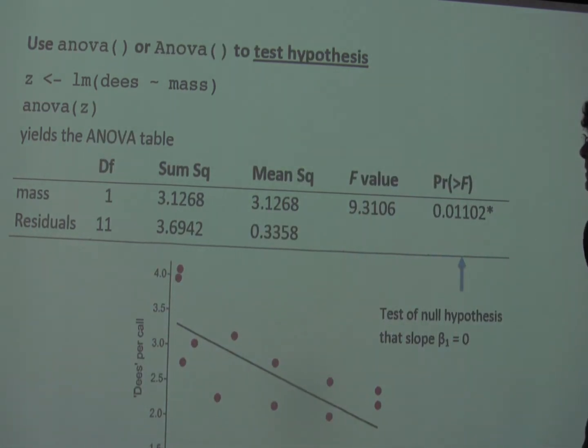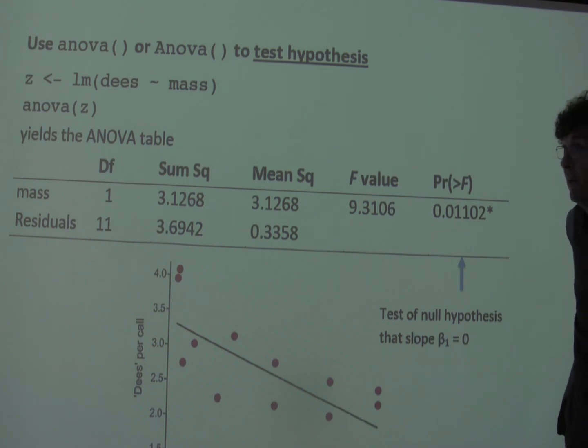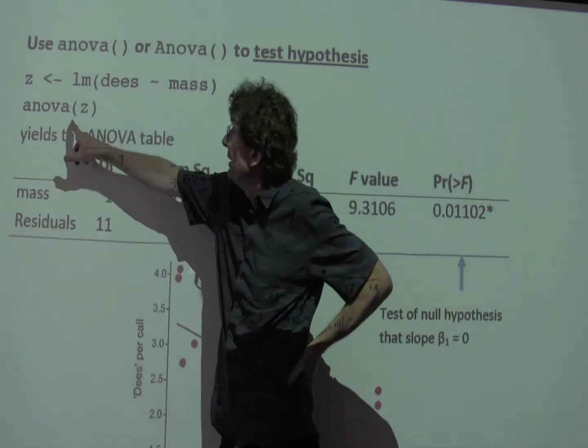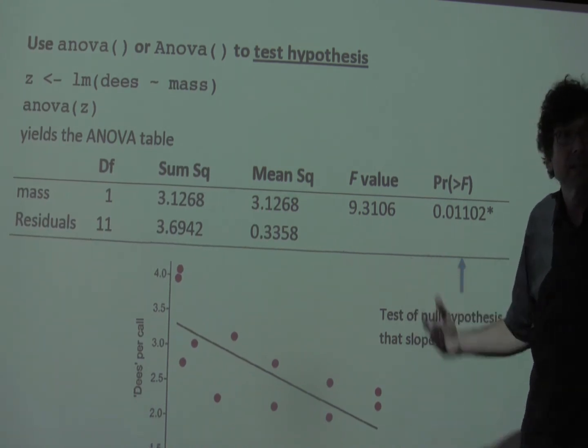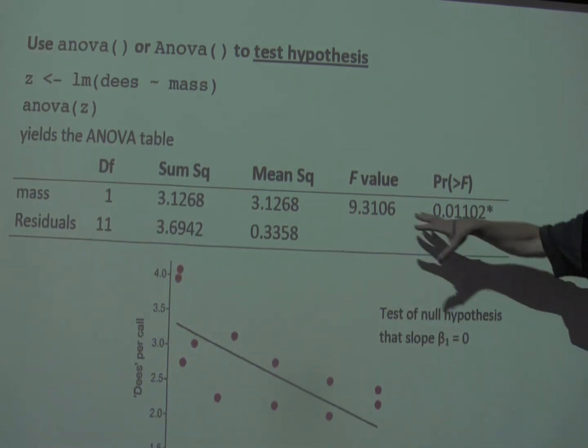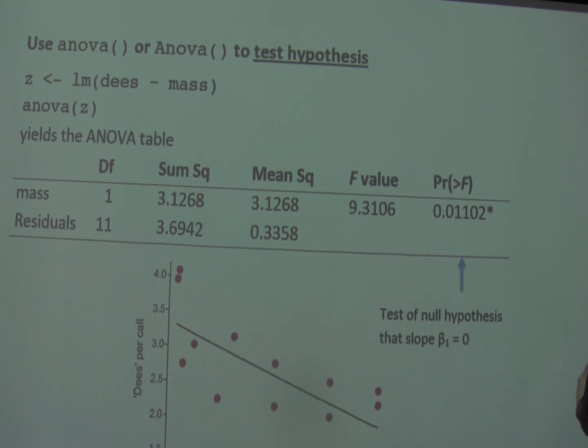So, summary for parameters, ANOVA to test hypotheses. Here's an ANOVA table, and the anova function in R applied to the model object will produce this as a result. And it's in the ANOVA table that you ask whether the slope is significantly greater than 0.